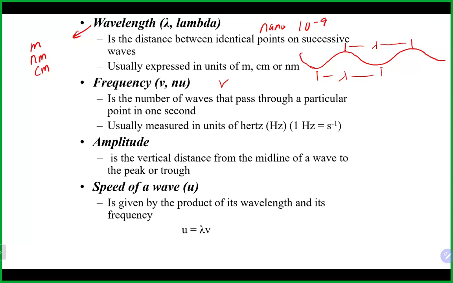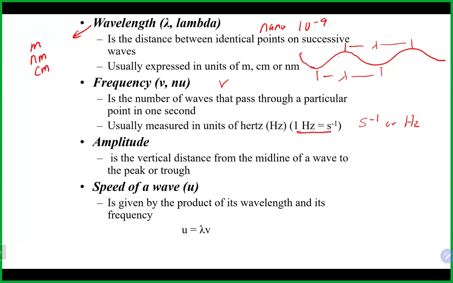It is measured in reciprocal seconds or hertz, and a hertz is equal to a reciprocal second, a one-to-one relationship. Frequency is how many times a wave passes a point in a particular amount of time.